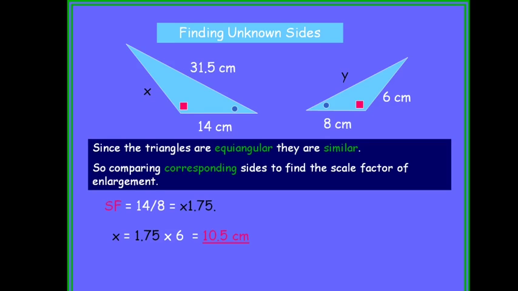In order to get the length of y, since y is a side of the smaller triangle, you need to divide the corresponding side by the scale factor, that is 1.75. So y is 31.5, the length of the corresponding side in the other triangle, divided by the scale factor 1.75. So I am getting 18 centimeter.